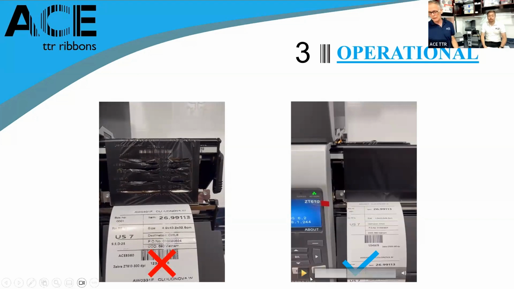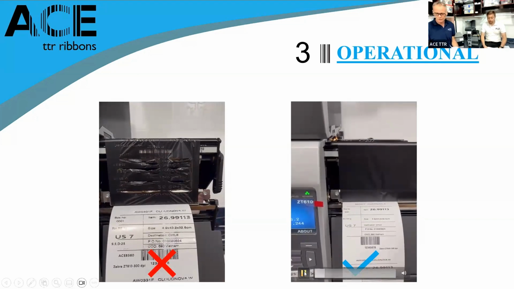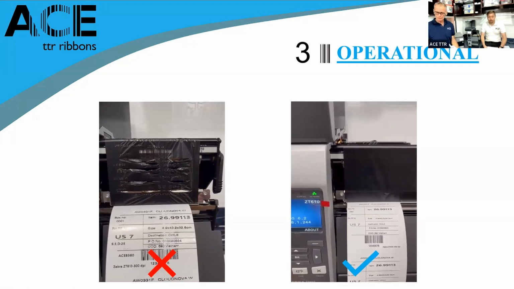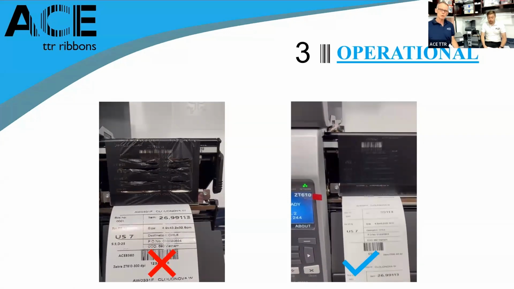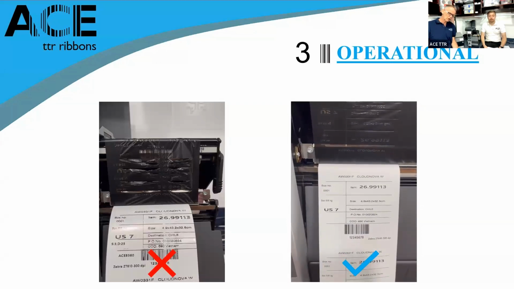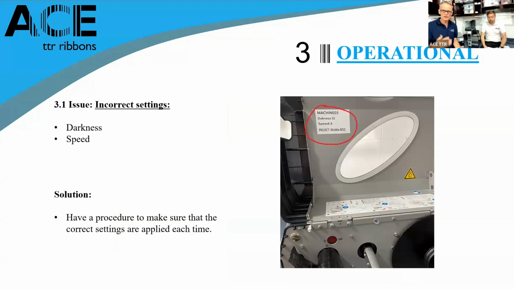Okay, and now if we show the next video where we've got the right balance of speed and darkness, you can see we have a tick there, so we probably know what the result's going to be. We get a perfect print. Okay, so the solution is quite simple, and some clients haven't thought of it, and some clients do it quite well.